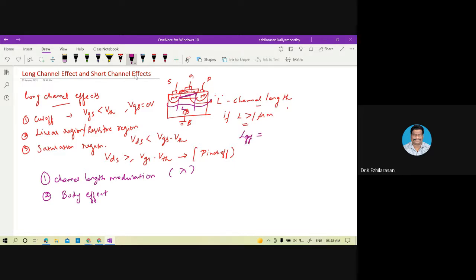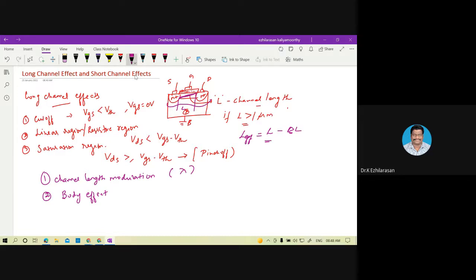L effective will be the effective length. After the saturation region, we get L minus delta L. The delta L is nothing but how much the channel has shrunk. That is what I call L minus delta L. So this will be considered in the channel length modulation.